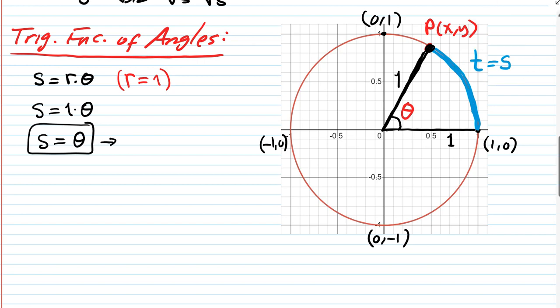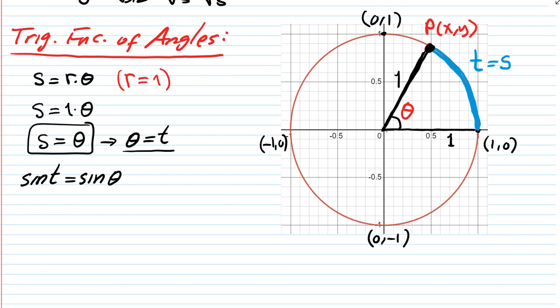Therefore, from this, I get theta is equal to t. Well, that's nice. That means I can say that sine of t, where t is the arc length that corresponds with a point on the circle P, is equal to sine of theta. But again, this is for a unit circle, folks. I want to emphasize that.